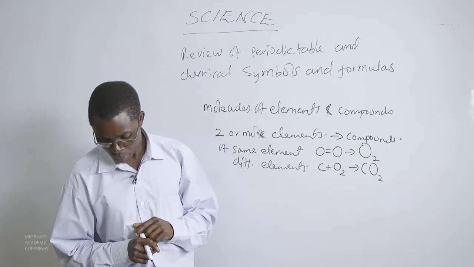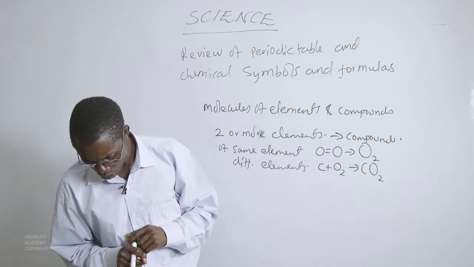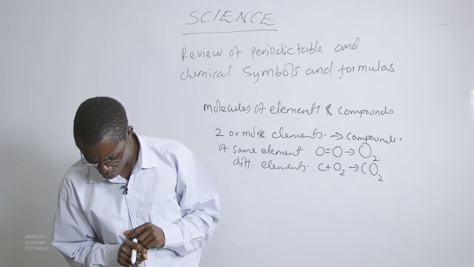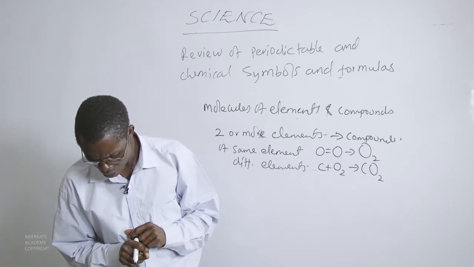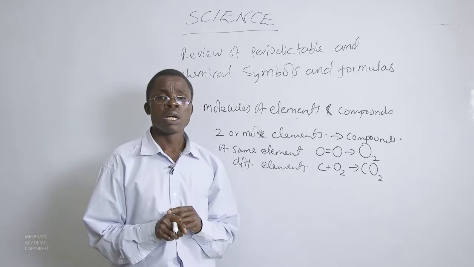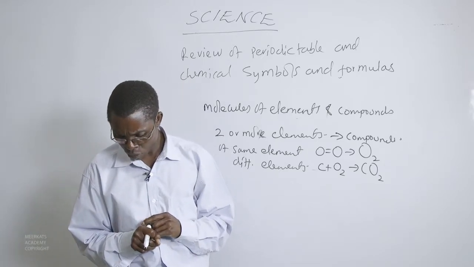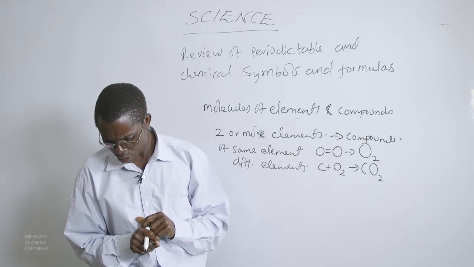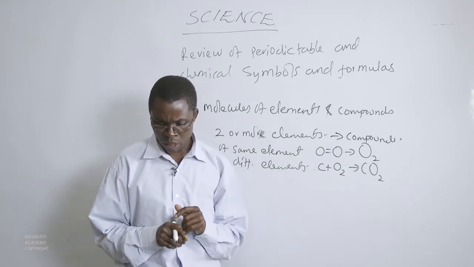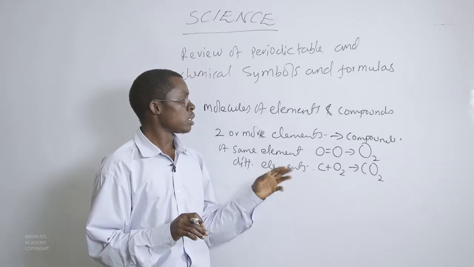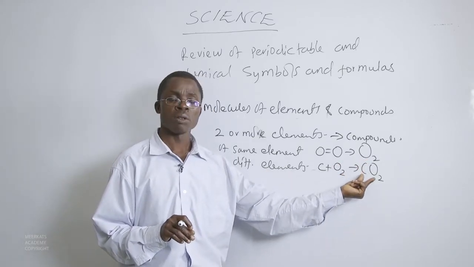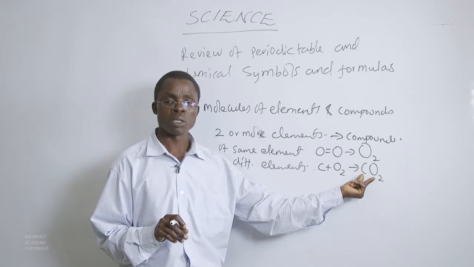Let's look at B. Molecules of compounds have identical atoms, and molecules of elements have different atoms. The first part, same atoms, is correct, but it is now denying us this one, which has different atoms.